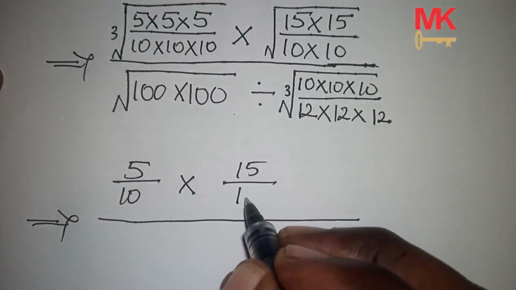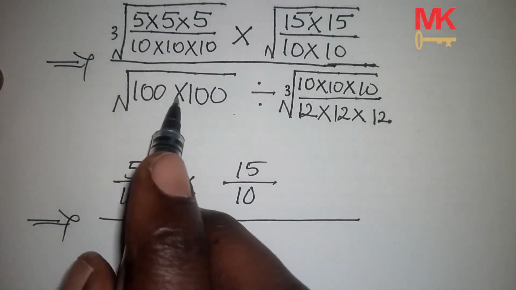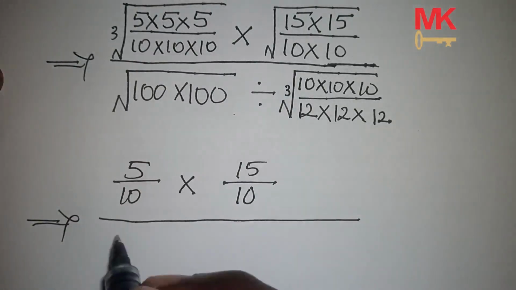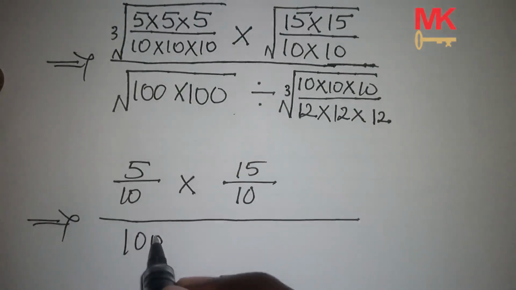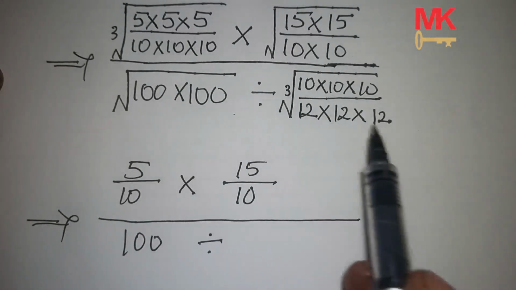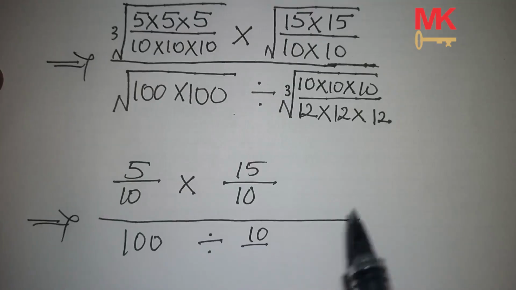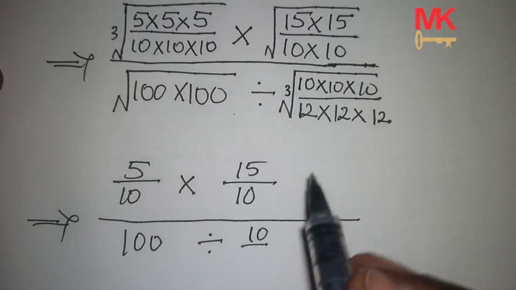So that gives us 10. Then at the bottom we are having the square root of 10,000, which is 100, being divided by this. What we are having here is 10 again, divided by 12. We'll pick one of these to get 12.